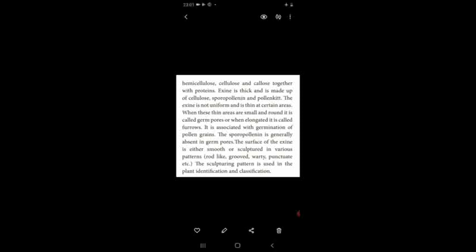The thin areas present in the exine are small and round shaped, which is called germ pore. Or this germ pore, when elongated, is called a furrow. It grows towards the center, so it is named a furrow.